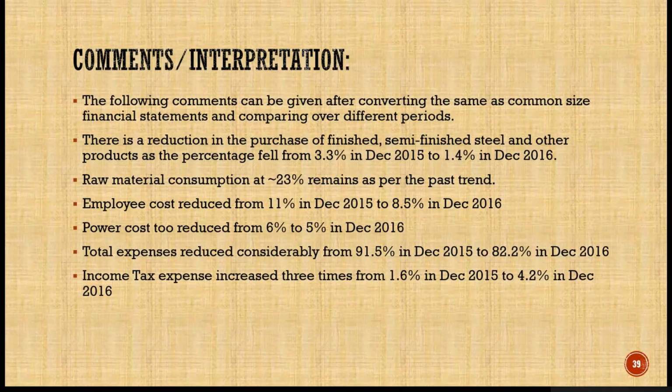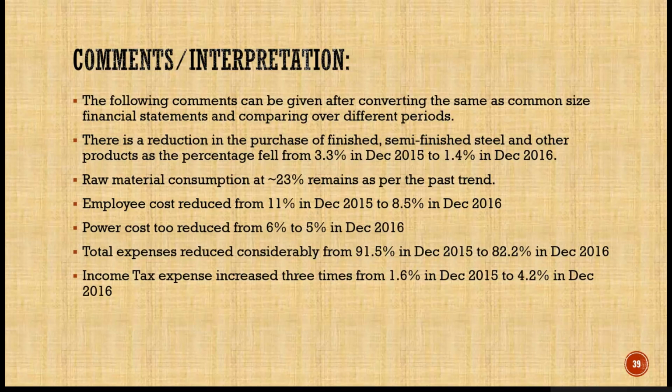Total expenses reduced considerably from 91.5% in December 2015 to 82.2% in December 2016. Income tax expenses increased 3 times from 1.6% in December 2015 to 4.2% in December 2016.